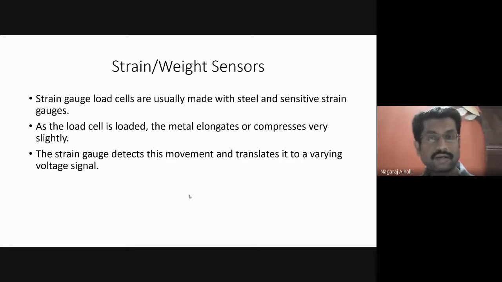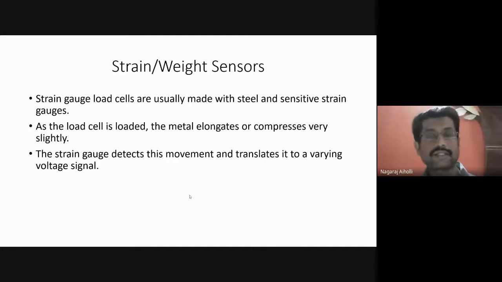If you have moved through national highways, you will see a building on the side with a sign that says weighing bridge. These weighing bridges are meant to measure the weight or the load carried by vehicles.